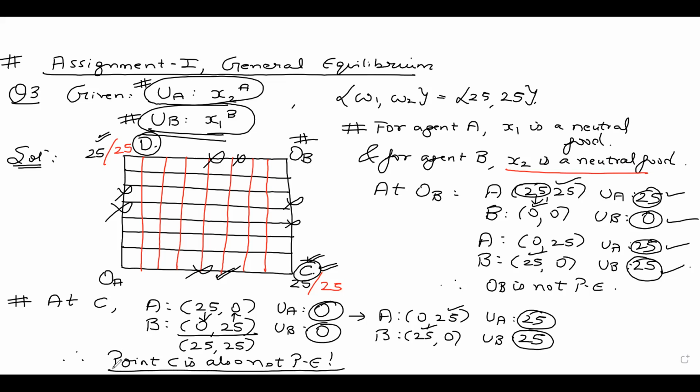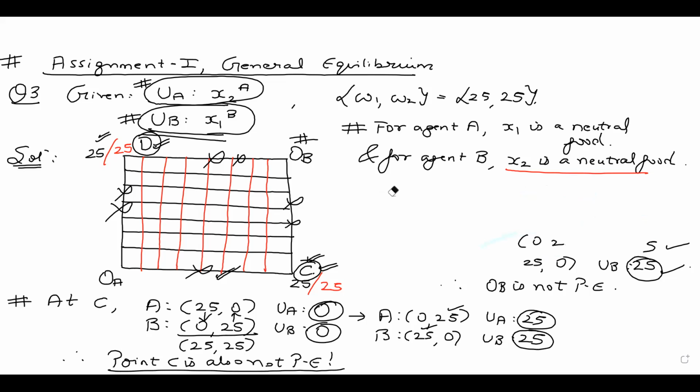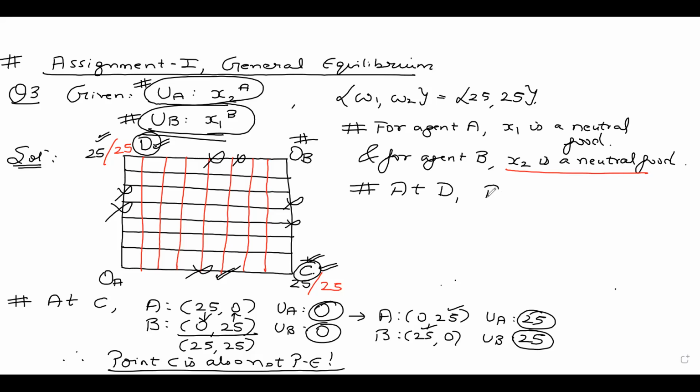That leaves us only with one point, and yes, that point is Pareto efficient, which is point D. So let's see what happens when you are at point D. At point D, both A and B are getting the maximum utility they can. They cannot become better off by deviating from point D. So at point D, A has 0, 25 and B has 25, 0.